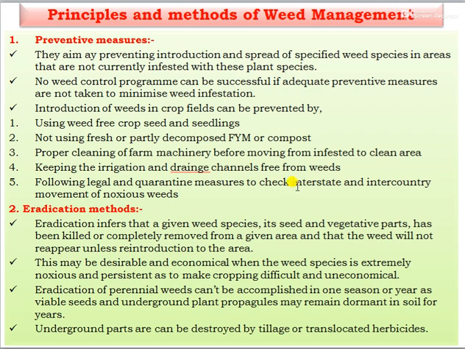The second principle is eradication. Eradication means that a given weed species, its seeds and vegetative parts, have been killed or completely removed from a given area, and the weeds will not reappear unless reintroduced to the area. This may be desirable and economical when the weed species is so extremely noxious and persistent as to make cropping difficult and uneconomical.